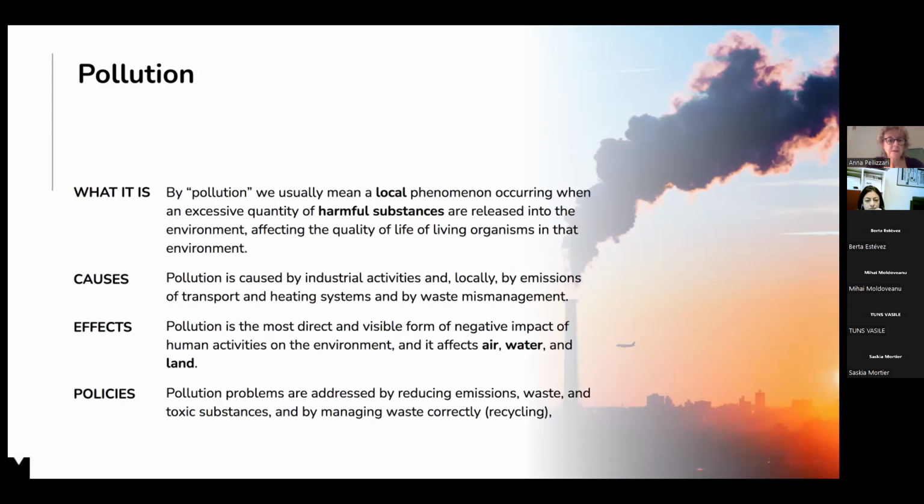So the policies are addressed by typically reducing emission, waste and toxic substances at a local level, and particularly by managing waste correctly, especially when it comes to materials.